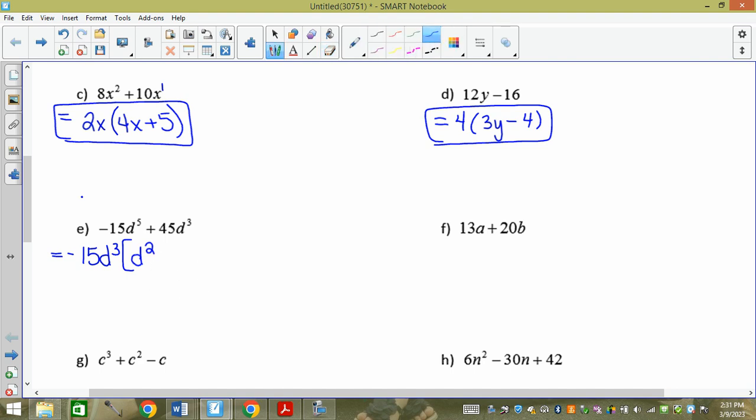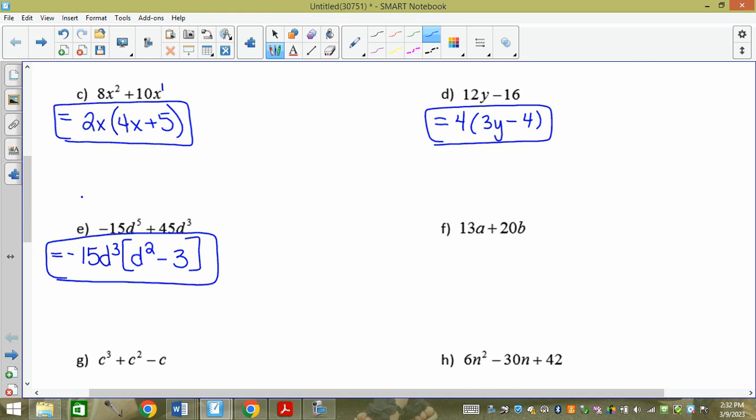So I'm going to go 45 divided by negative 15, I get negative 3. d cubed, take out a d cubed, done. And this isn't a difference of squares, because a difference of squares has to have a different sign, which that one does. But both the terms have to be perfect squares. So this one is, it's a d squared, but this one isn't. 3 is not a perfect square. 9, 4, 16, 25, those are perfect squares. So we can't go any further with that one.